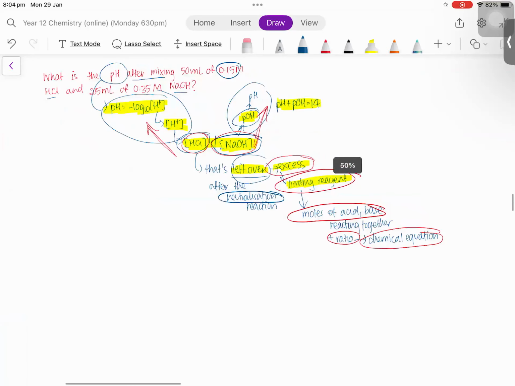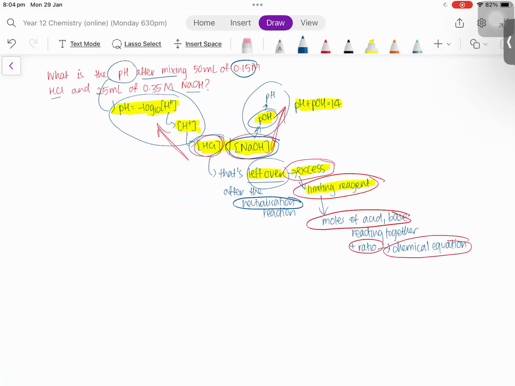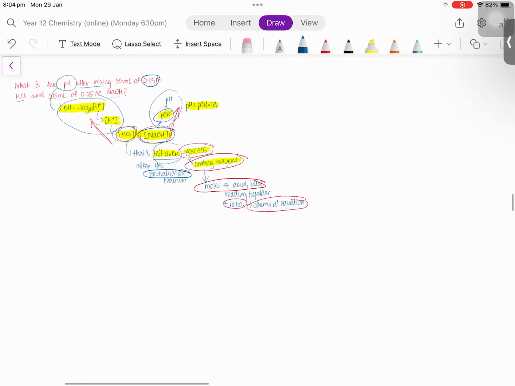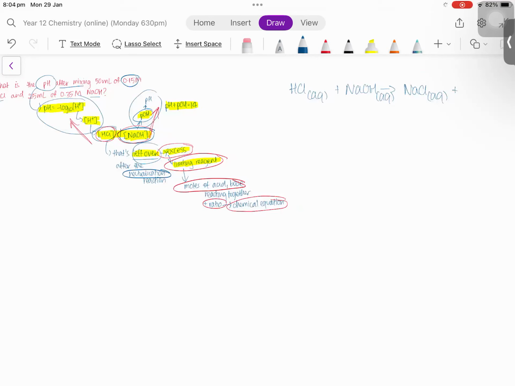What would the chemical equation be? Hadia? HCl plus NaOH gives NaCl. Salt plus? And water. Good. Salt plus water. Well done.